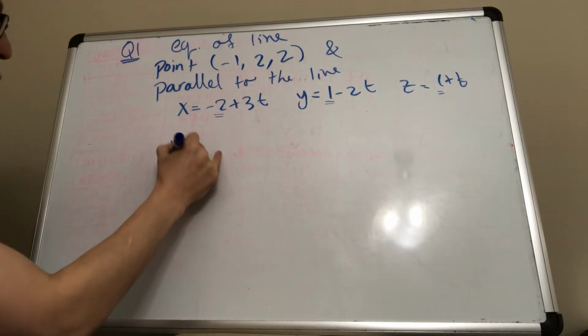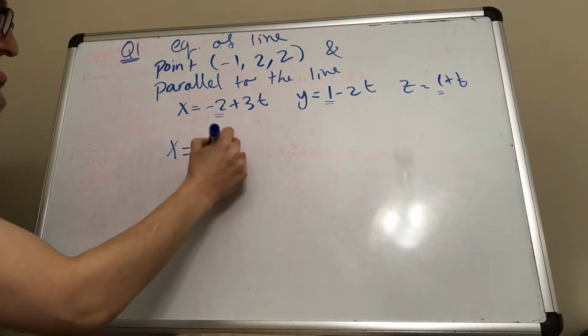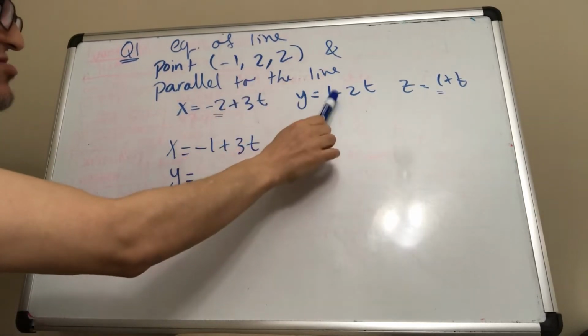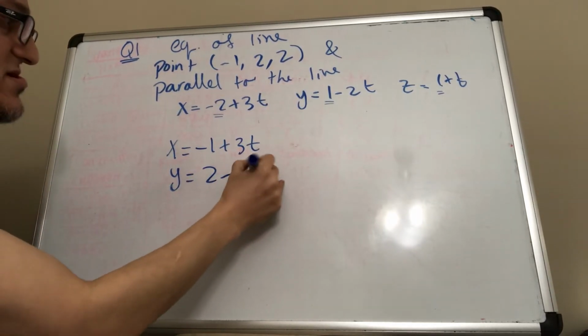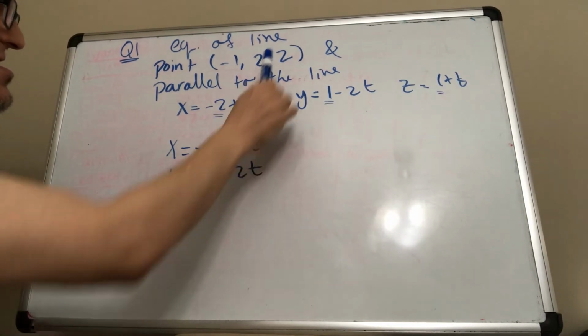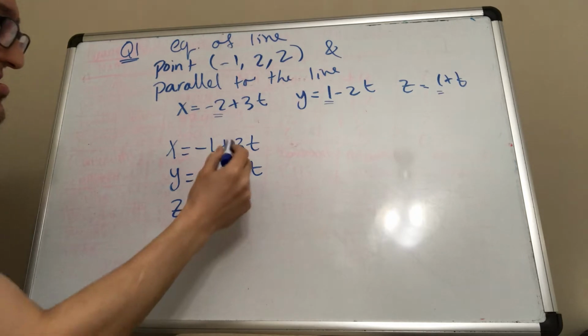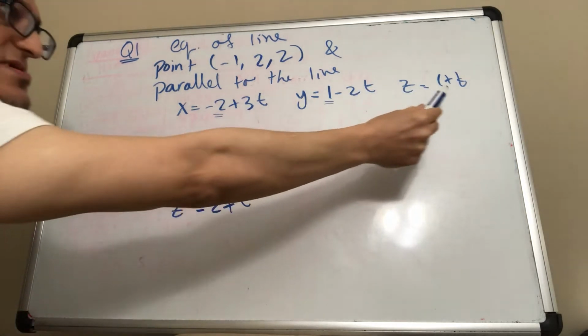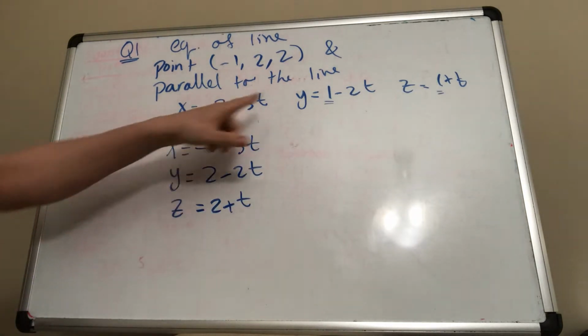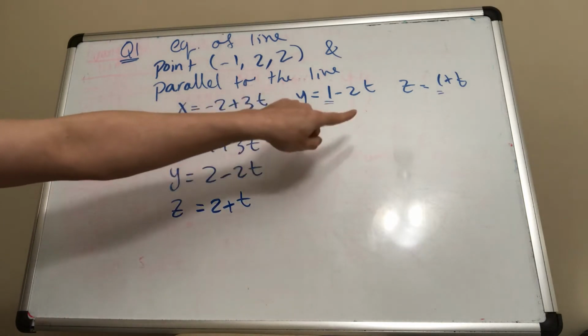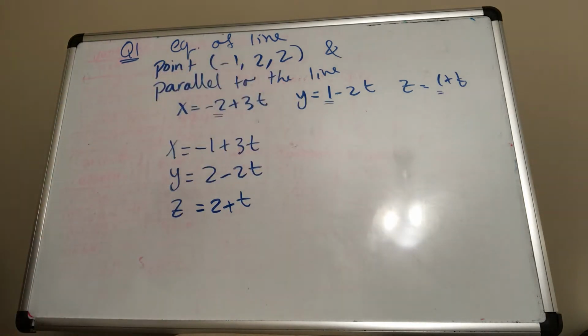Your answer would be -1 plus 3t, 2 minus 2t, and 2 plus t. Because it's parallel, they have the same slope. You only replace the point by the point you have in the question.